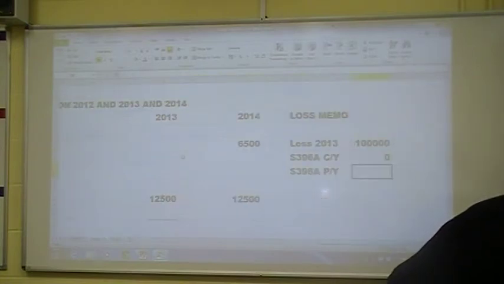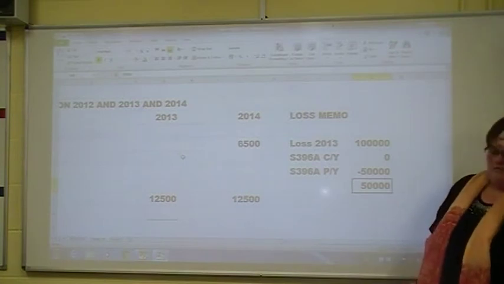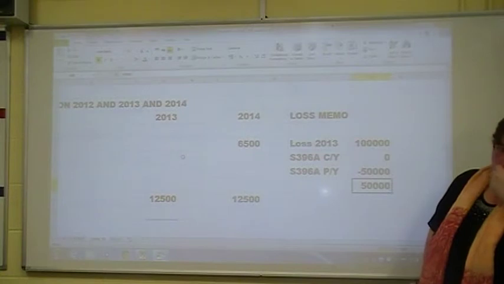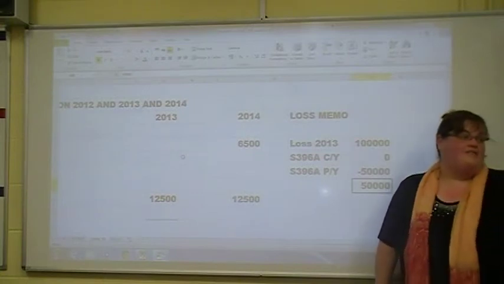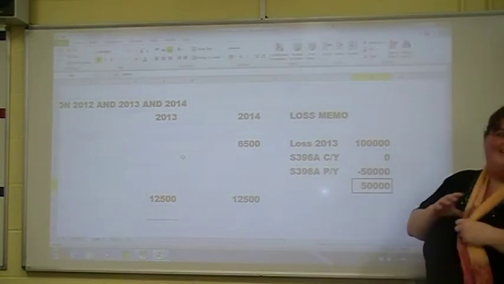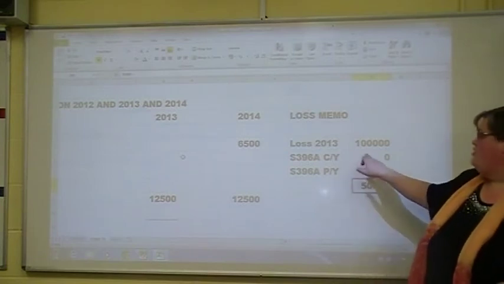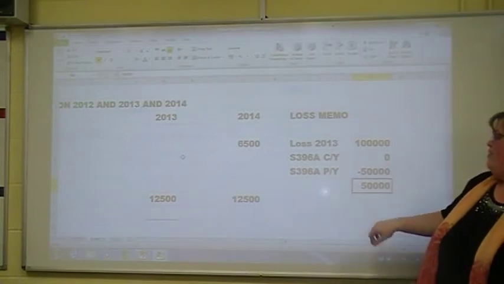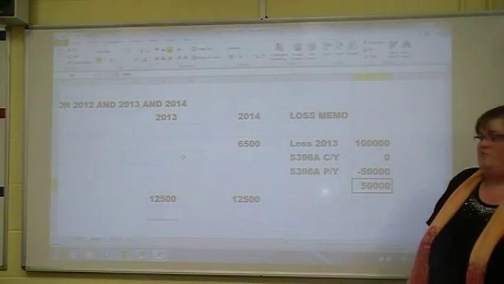You bring your 50,000 inside your loss memo, so you actually have 50,000 left. Okay, so that's our first one, section 396A, current year 0, section 396A, prior year, 50,000 off it, leaving with a 50,000 loss to be used.